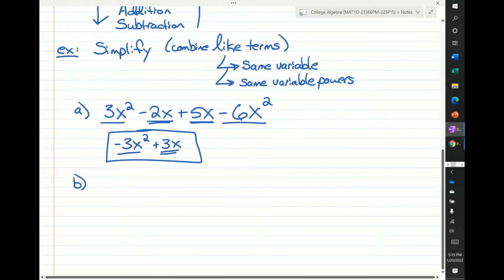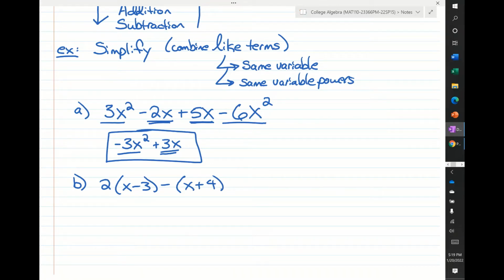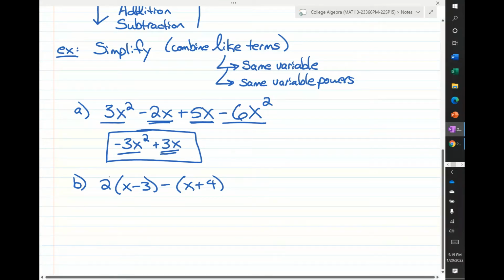Also, we can have a problem where we have to distribute, like if we had 2 times x minus 3 minus x plus 4. Anytime we see parentheses, that means we have to distribute. So we're going to distribute the 2 times x, 2 times negative 3, negative 1 times x, and negative 1 times 4.